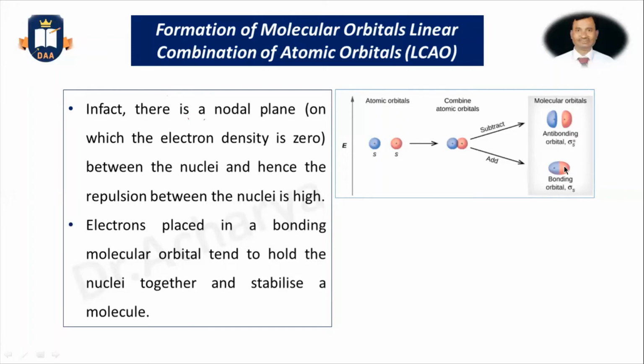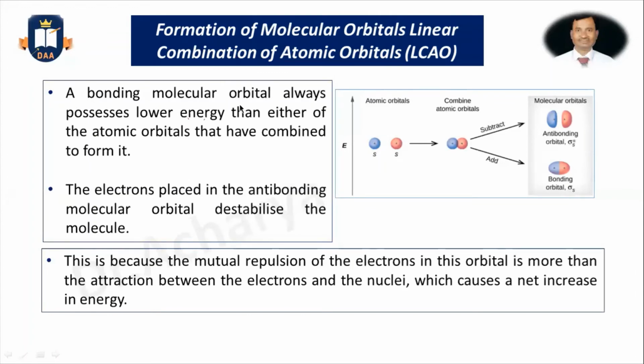An electron placed in a bonding molecular orbital tends to hold the nuclei together, because the electron cloud is in between them. It acts as a bond between the two nuclei, and in that way, by forming bonding orbitals, the molecule is stabilized.